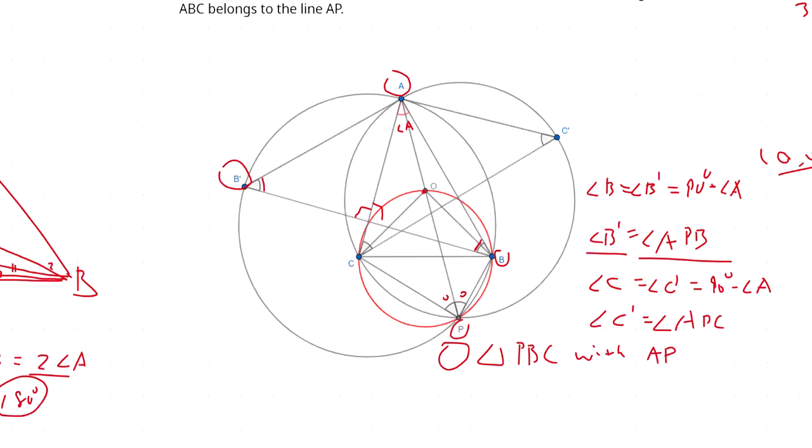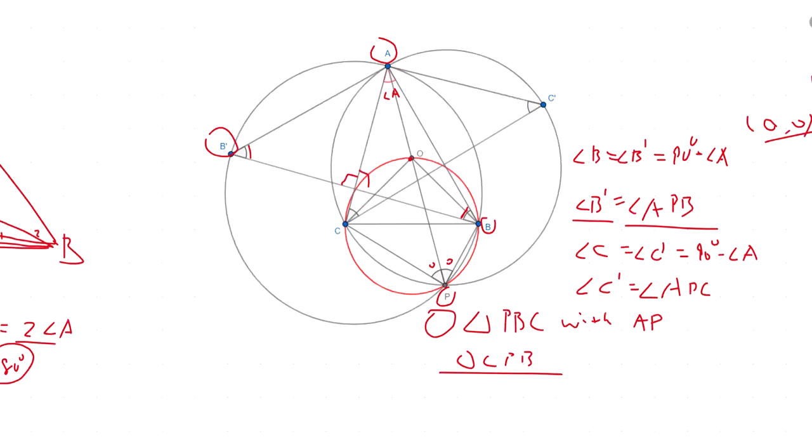And now the next step: because O, C, P, B are concyclic, the 4 points are on the same circle, the opposite angles are supplementary.